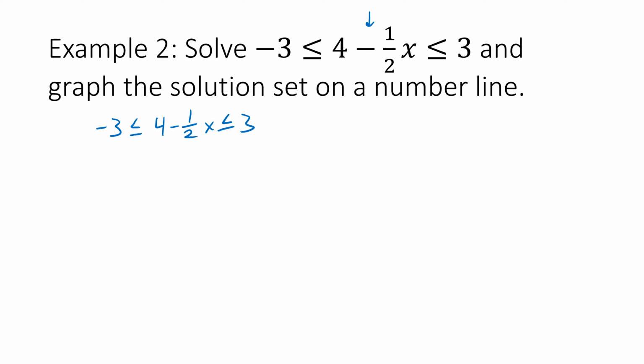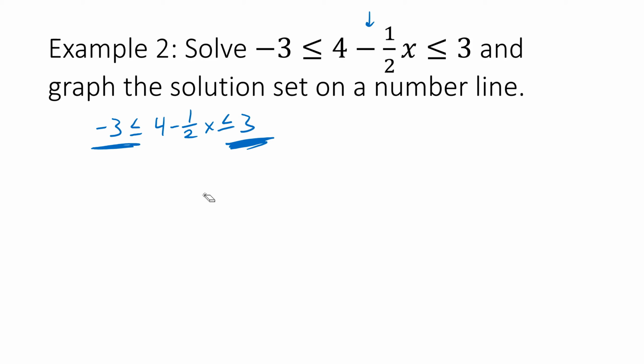So I'm still trying to isolate this x. But now instead of isolating it on one side, I need to isolate it in the middle. Just in your mind, cover up the negative 3 over here and the 3 over here. Don't think about those. Just worry about the middle and think about what do I need to do to cancel to get the x by itself.